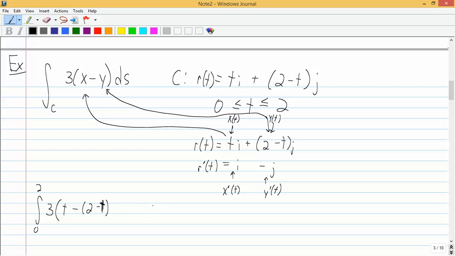That wouldn't be t plus. It's going to end up being, yeah, it's x minus y. It's going to end up being plus. But so this right here from our formula is our f of x of t, y of t. And then we have that times the square root of x prime of t squared, so 1 squared, plus y prime of t squared, negative 1 squared, dt.